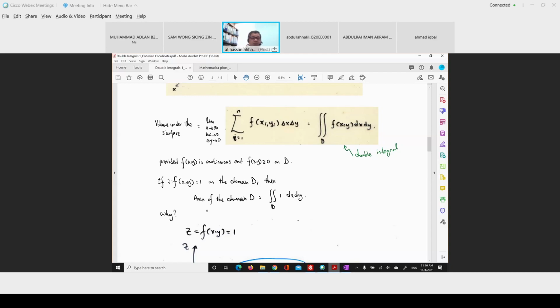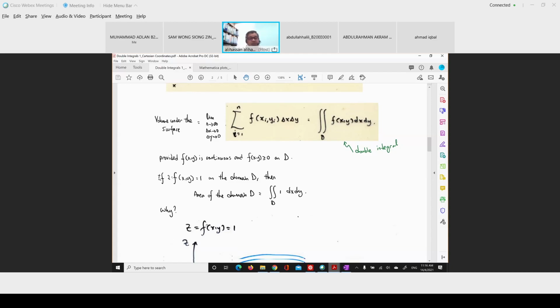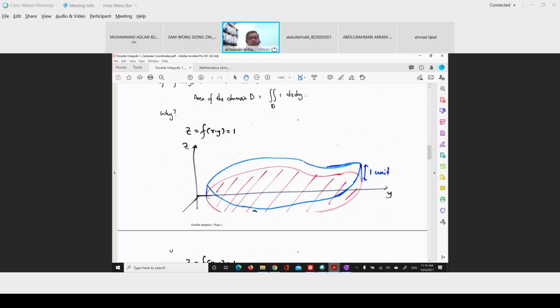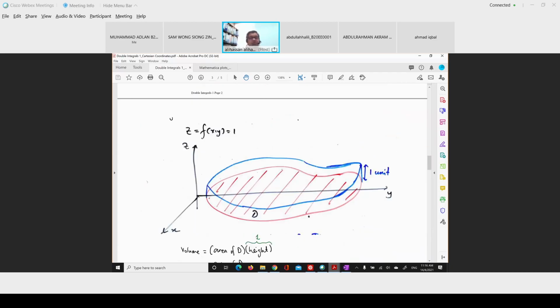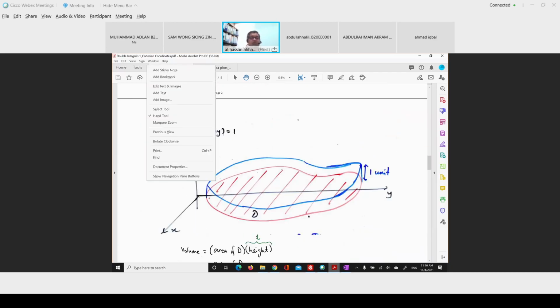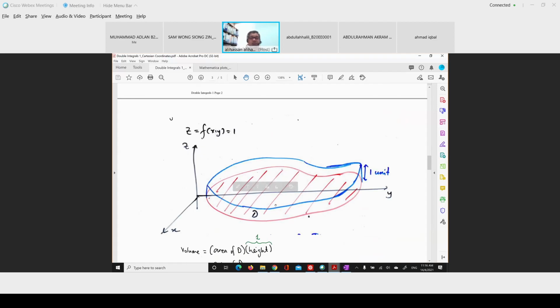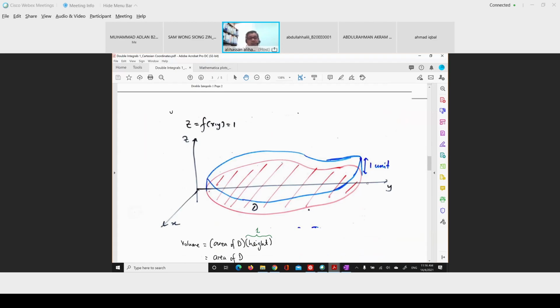Here is an illustration of why. z equal to 1 is a plane, horizontal to the xy-plane, at a height of 1 unit above the domain D.